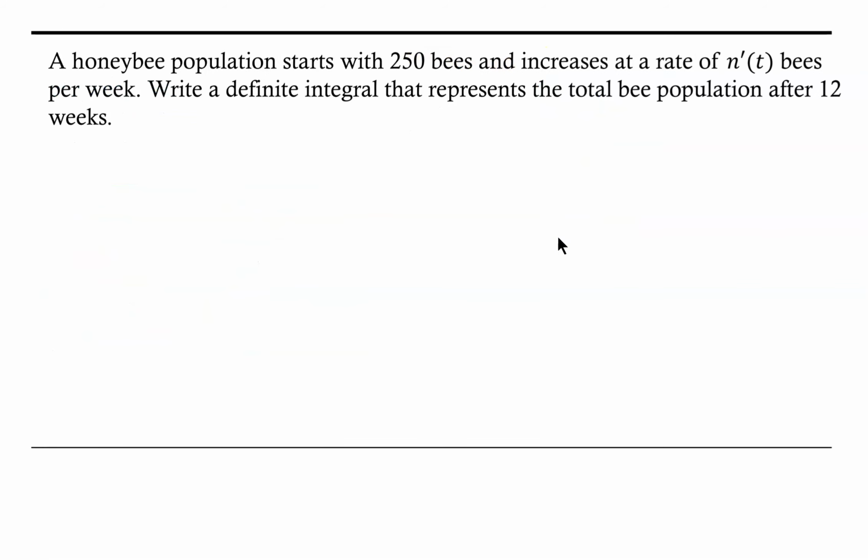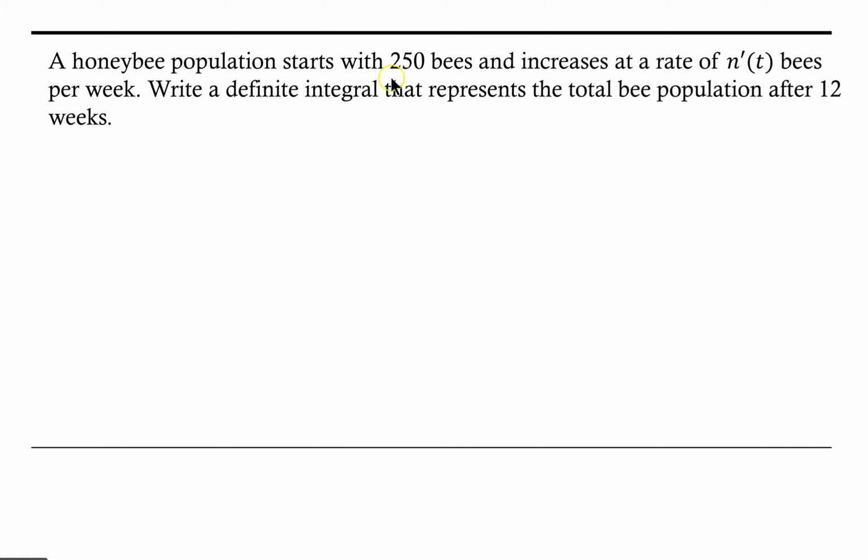Let's look at one last example. We have a honeybee population that starts with 250 bees and increases at a rate of n prime of t bees per week. Write a definite integral that represents the total bee population after 12 weeks.